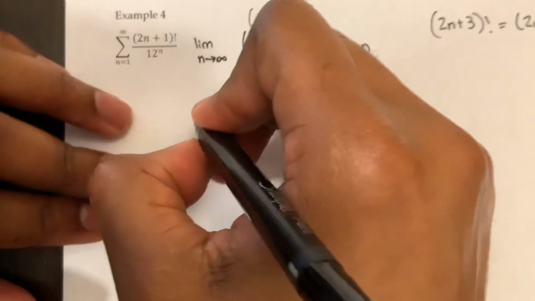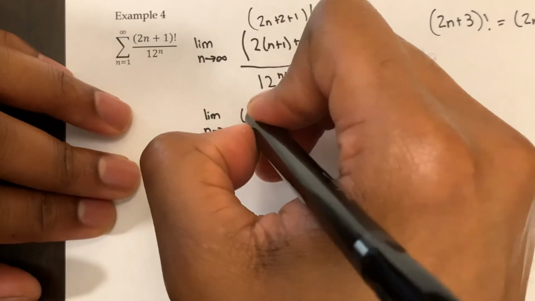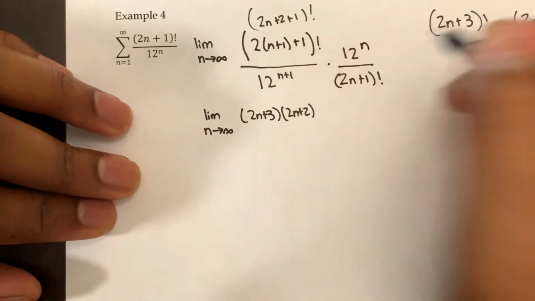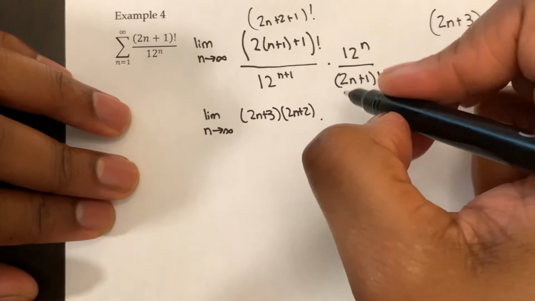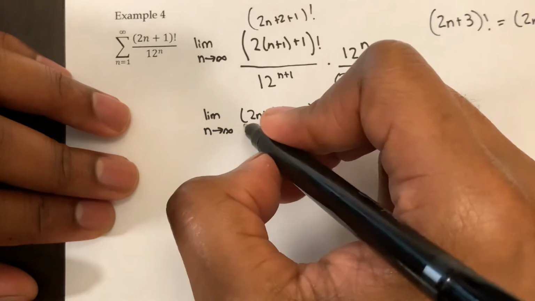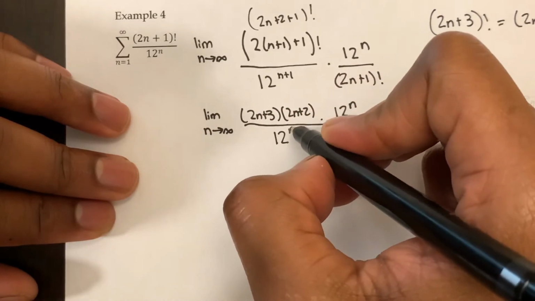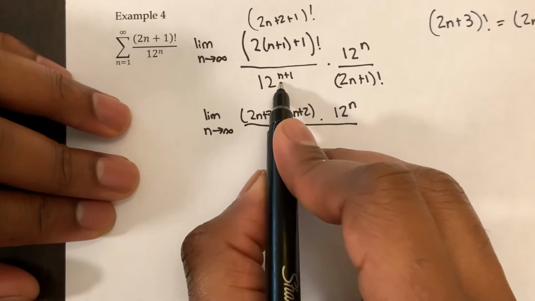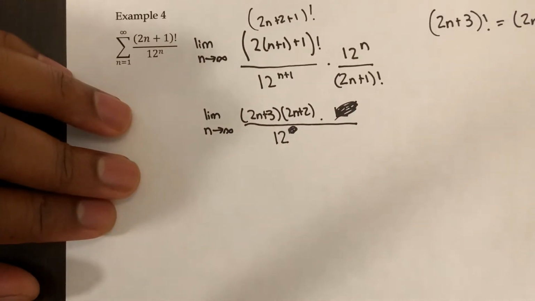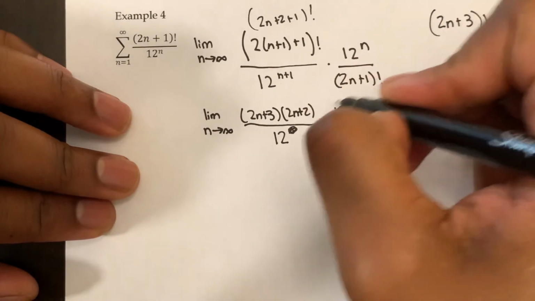So what we're going to do is rewrite this as the limit when n goes to infinity of 2n plus 3 times 2n plus 2 times 12 to the n over 12 to the, well, actually, we don't need to write the 12 to the n plus 1, 12 to the n. This one just goes away completely, and we're just left with 12 to the first power. And so we have 12 times, I forgot the 2n plus 1 factorial up here.